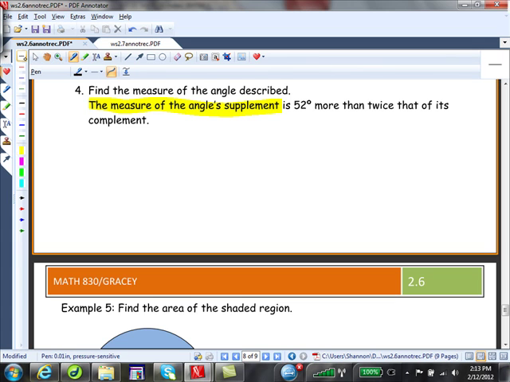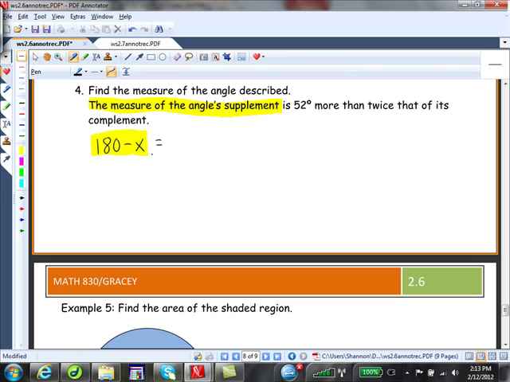So here, I would say 180 minus x is the supplement of x. Okay, so this is the yellow.